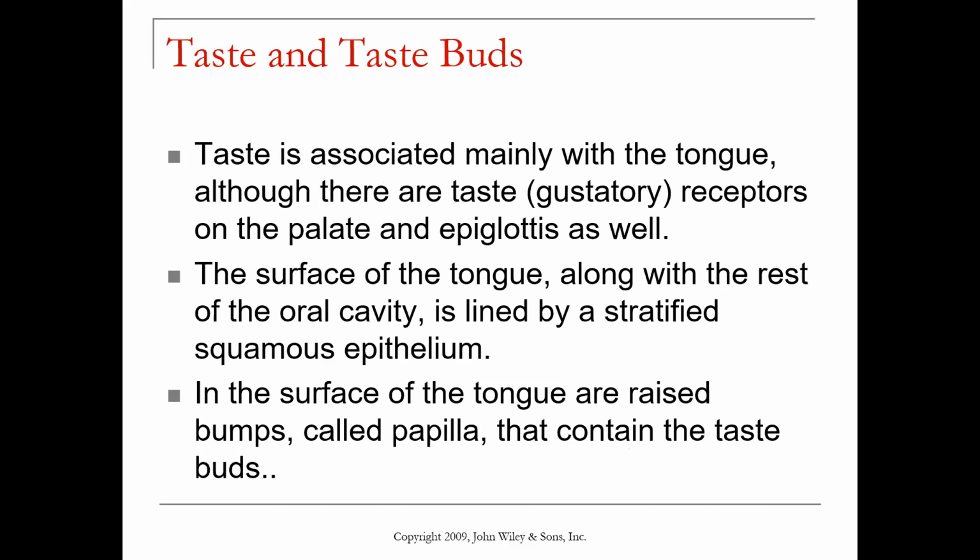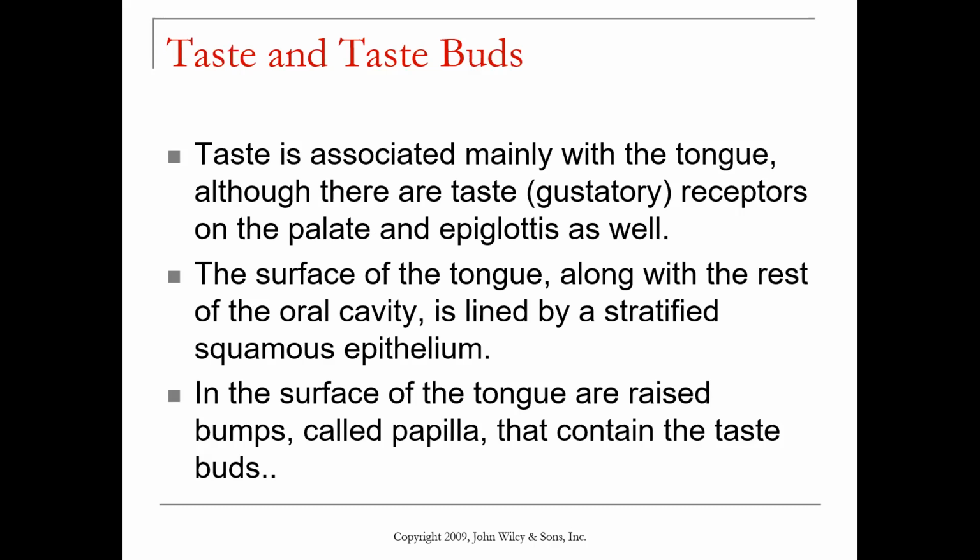We mostly pick up our tastes within the taste buds that are found on the tongue, but we also have taste receptors on the soft palate and also on our epiglottis. Our epiglottis is a flap that will fold over and close off the glottis, the opening to the airway.